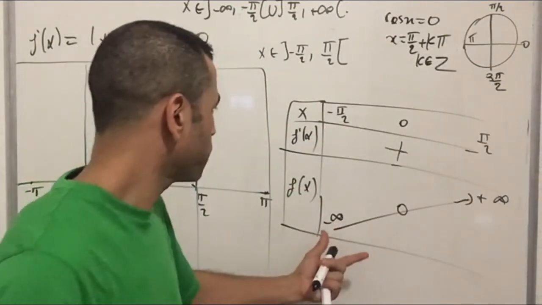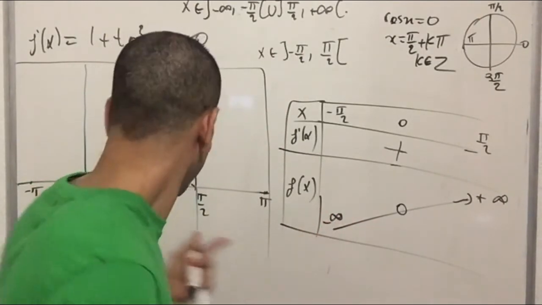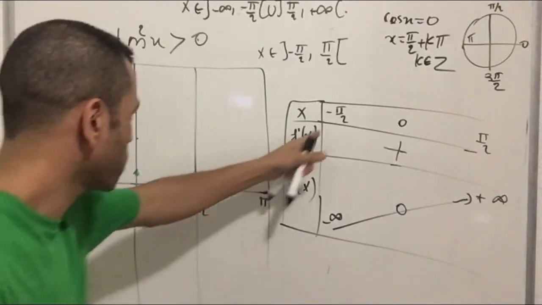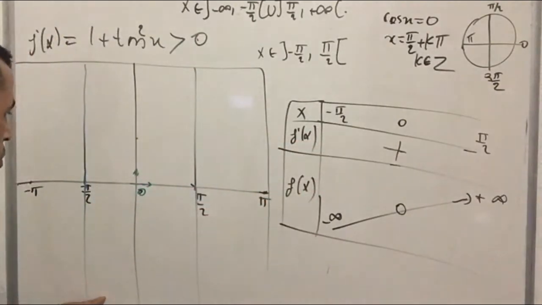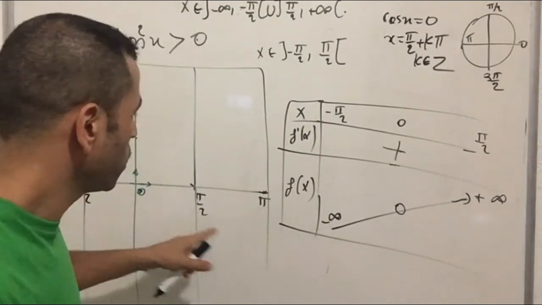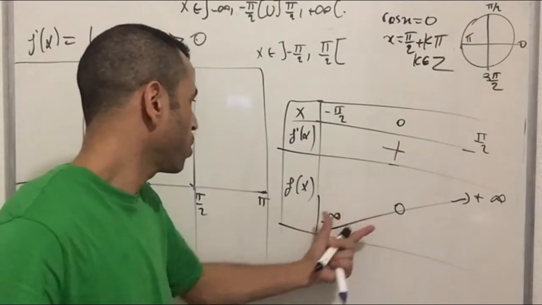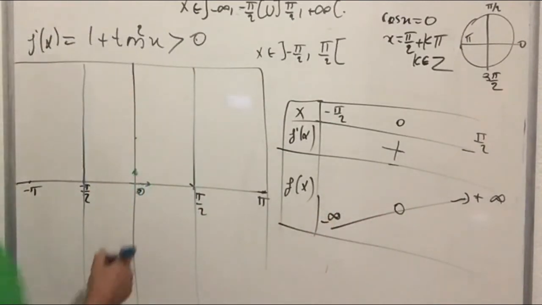But this function will be negative on this interval from minus pi over 2 to 0, and it will be positive from 0 to pi over 2, okay?